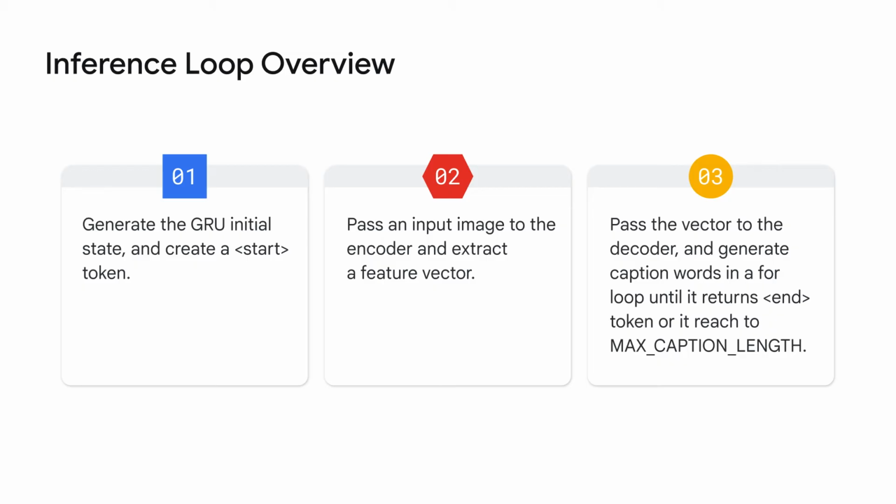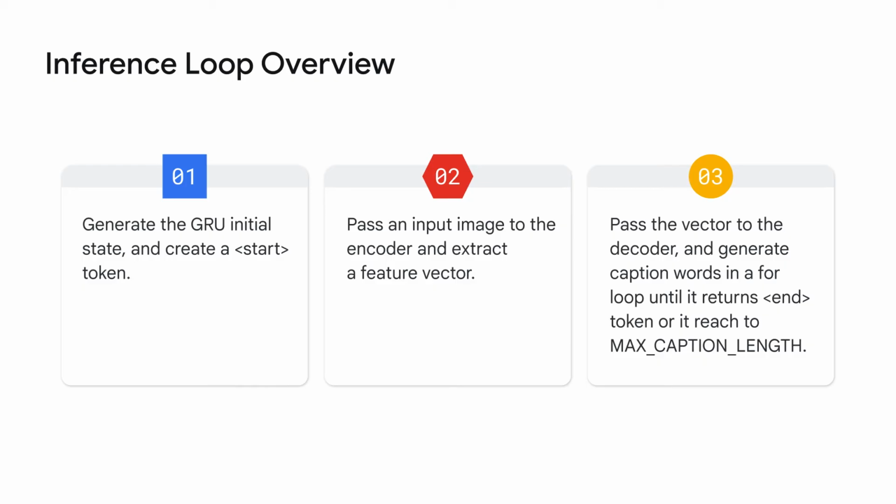Number 1, generate a GRU initial state and create a start token. In the training phase, TensorFlow Keras can automatically handle the GRU state for each sequence. But in this inference phase, since we design our own custom function, we need to write logic to deal with it explicitly.